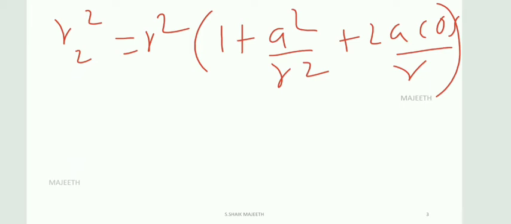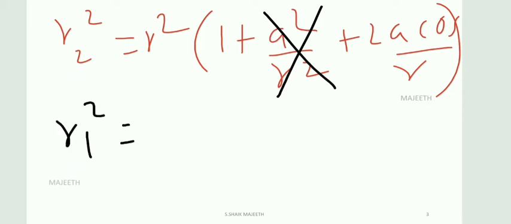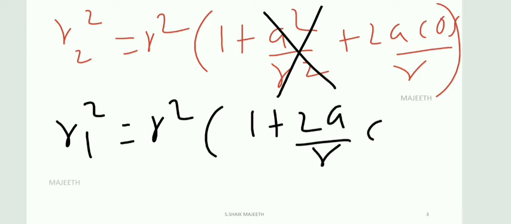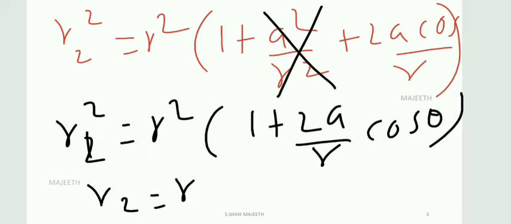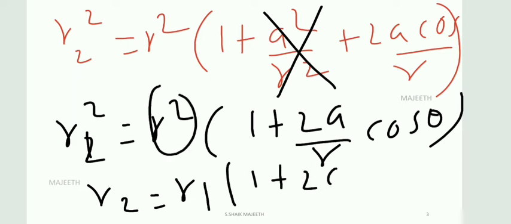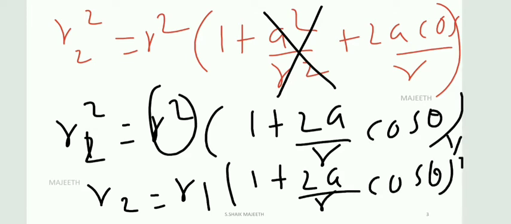We know a by r is less than 1 in the previous derivation itself, so the a squared by r squared term can be cancelled. So r2 squared is equal to r squared into 1 plus 2a by r cos theta. Taking the square root, r2 is equal to r into 1 plus 2a by r cos theta, whole power 1 by 2.